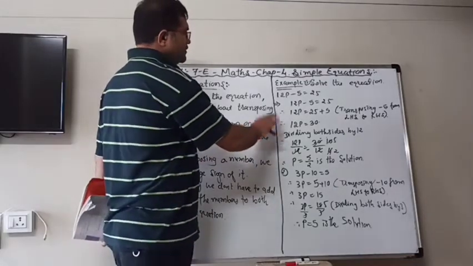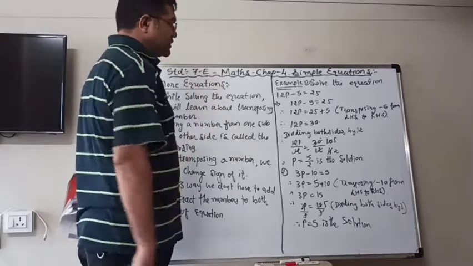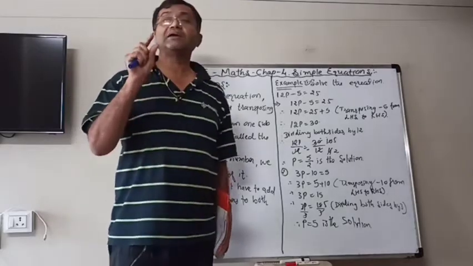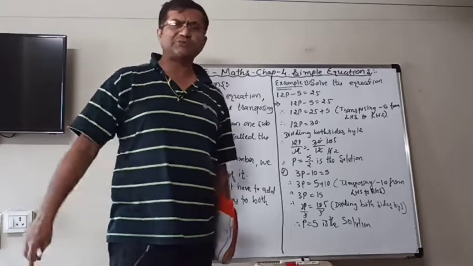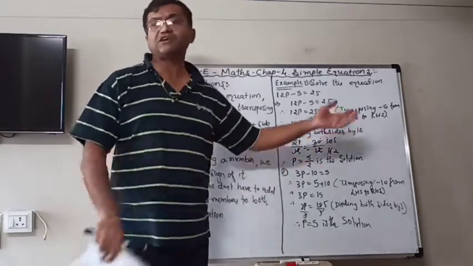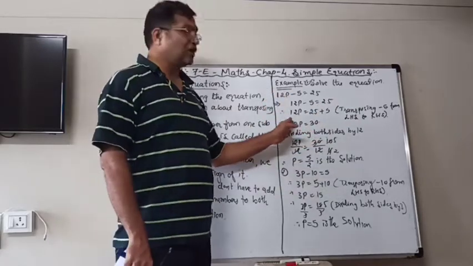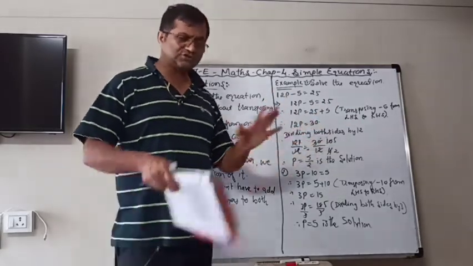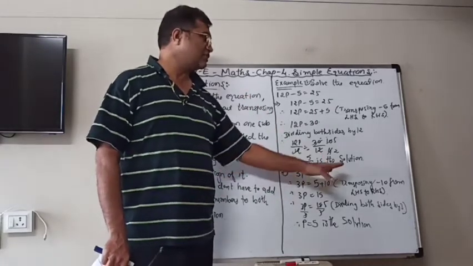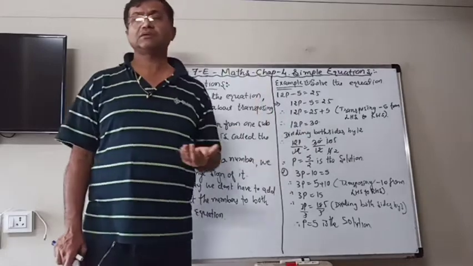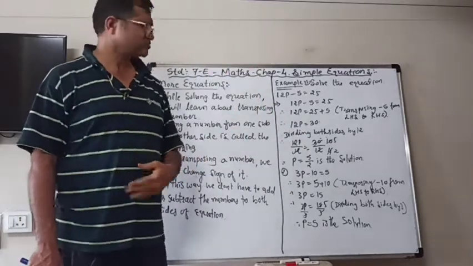Actually, we will do some other examples also here, in which I will show you another short method also. It is not called transposing, but the same thing that we did with the plus and minus. Here also I will show you, which is not actually what they are using, but we can use it. That will be very, very useful to you in the higher standards also.